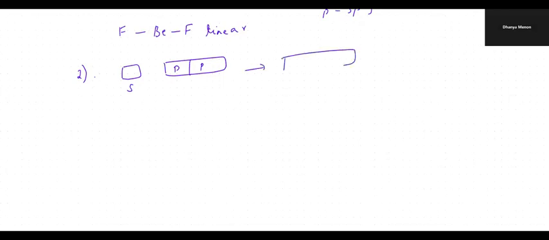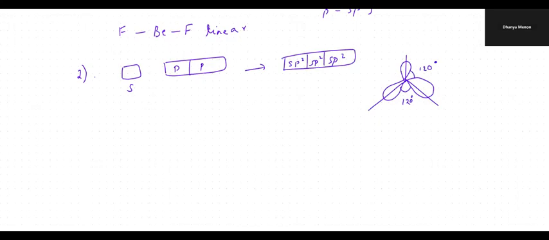Each of them is sp2 hybridized. Okay, and what is the shape? The shape is triangular planar. And what is the bond angle? It is 120 degree.